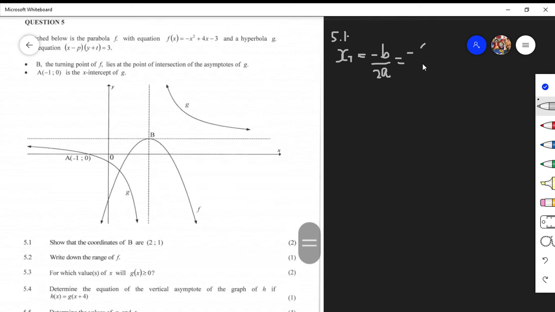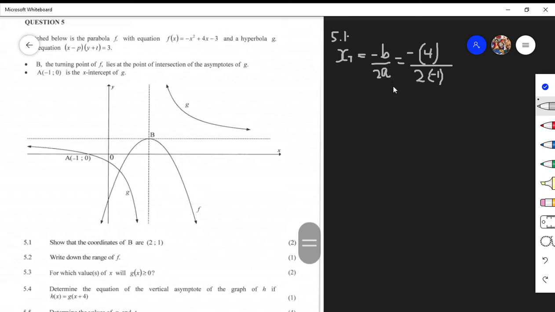So it's going to be positive 4 in brackets all over 2, open a new bracket, and our a value, which is negative 1. For those of you who don't know, a is the coefficient of x squared, b is the coefficient of x, and c is the remaining constant.